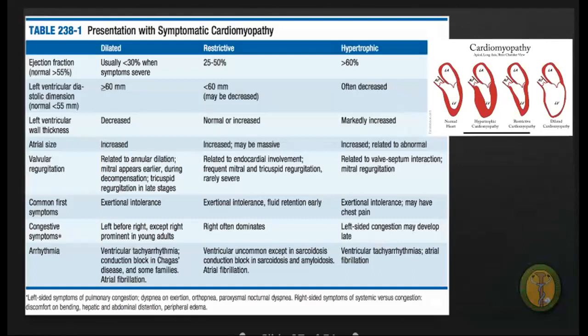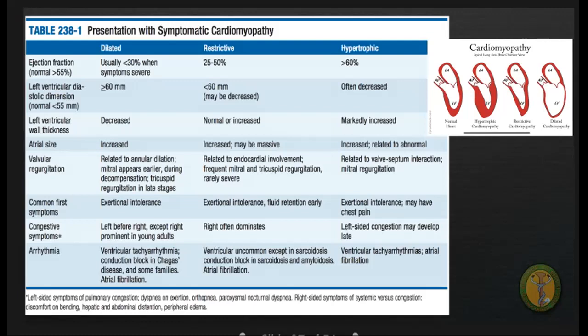So in summary, this table compares the three types of cardiomyopathy based on the echocardiographic features and clinical manifestations. It is notable that dilated cardiomyopathy will have a dilated left ventricle and a decreased wall thickness on 2D echo with a severely depressed ejection fraction and dilated atria.